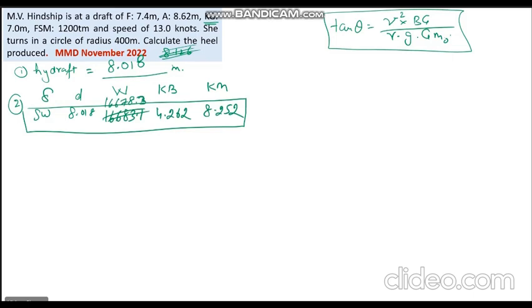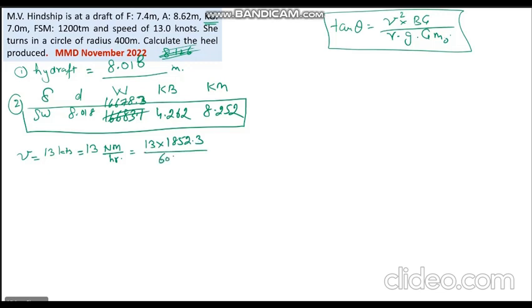First, we need the speed. I told you speed has to be in meters per second. What is our speed given? It's given 13 knots. That means the ship is doing 13 nautical miles in 1 hour. Knot is nautical mile per hour. So if the numerator has to be in meters, it is 13 into 1852. This converts the numerator to meters.